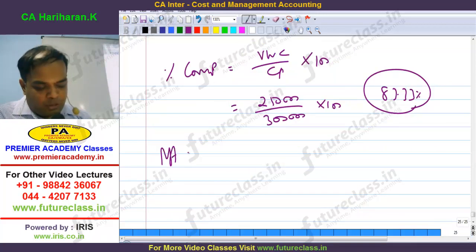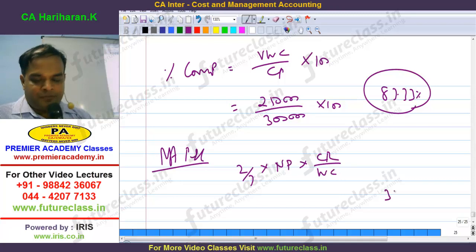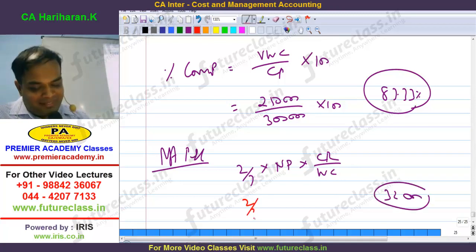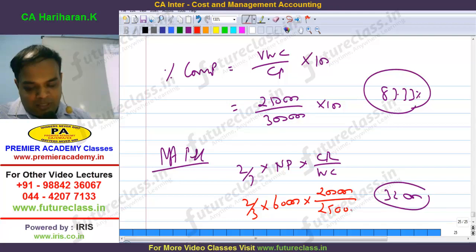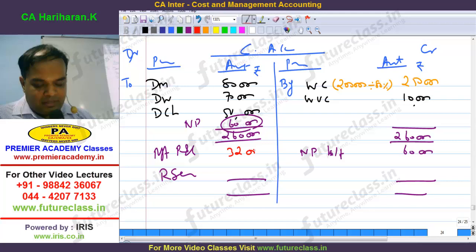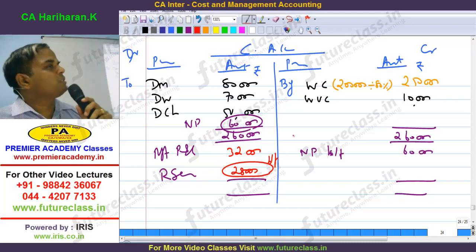Therefore, profit to be recognized in the P&L account is equal to 2/3 of notional profit 60,000 into cash received 2 lakh by work certified 2,50,000. The balance you transfer to reserve. This is easy for 4 marks.